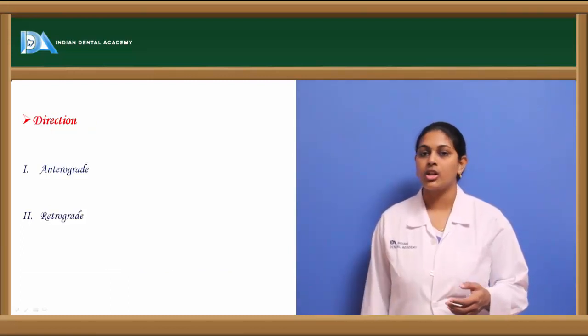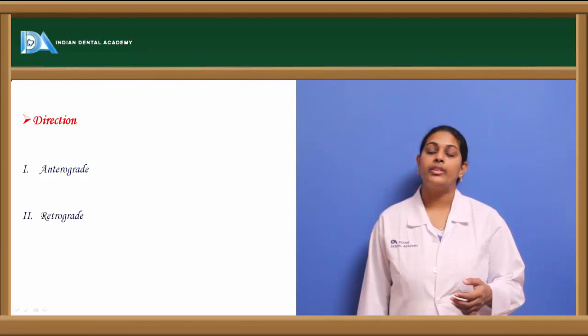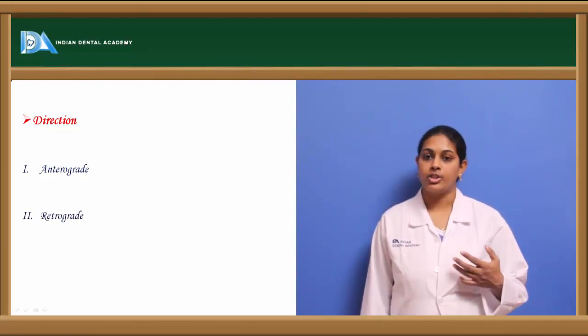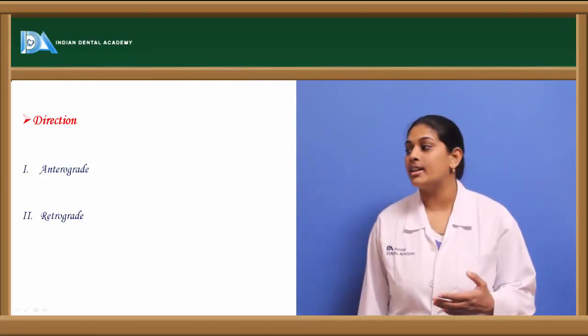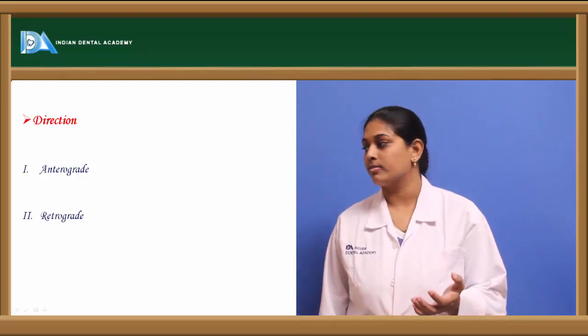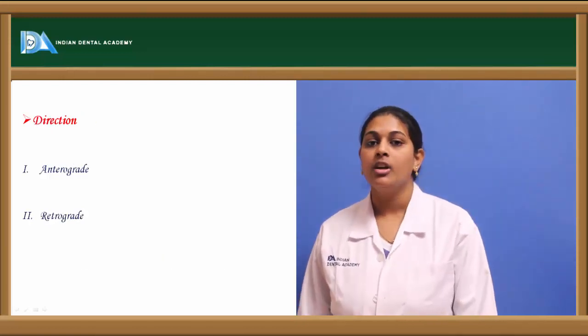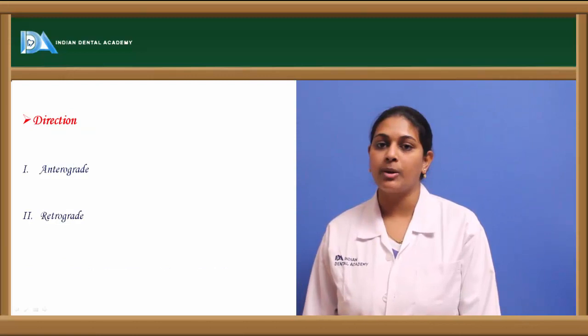Classification is also based on the direction of the blood flow. When there is a normal flow of blood, known as anterograde blood flow, the embolus is carried normally. But embolism can also have a harmful effect depending on the direction of the blood flow.